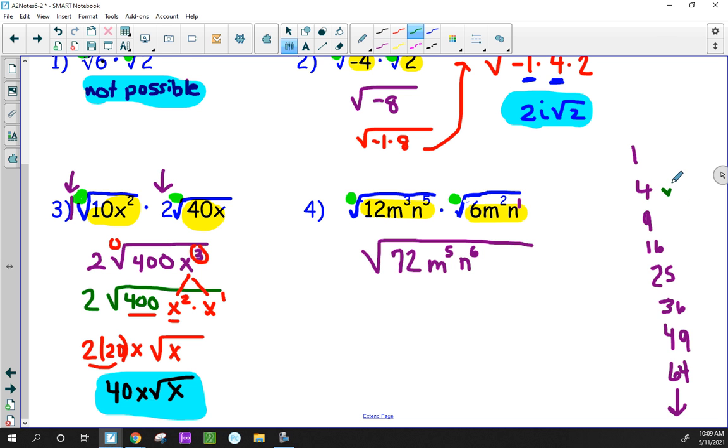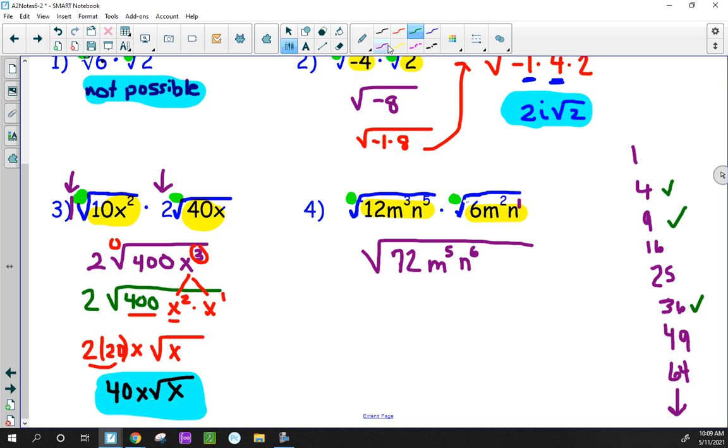And the answer is yes. Then you're going to try 9. 72 divided by 9 works. 72 divided by 16 is a decimal, so no. 72 divided by 25, no. 72 divided by 36, yes. 72 divided by 49, no. 64, no. Next one's 81. 81's obviously too big, so we have 3 choices right now.